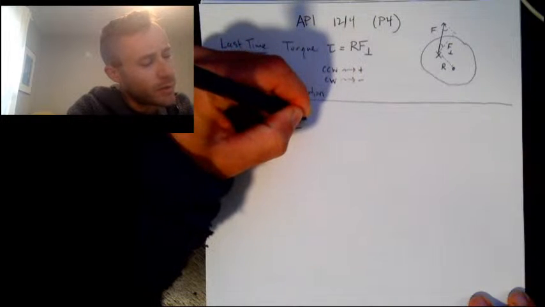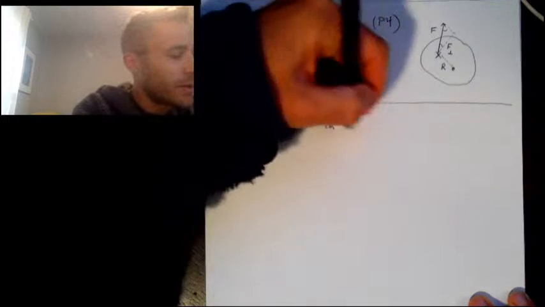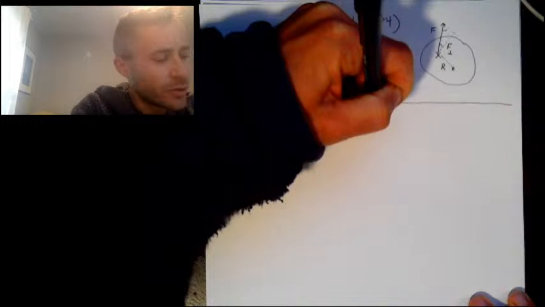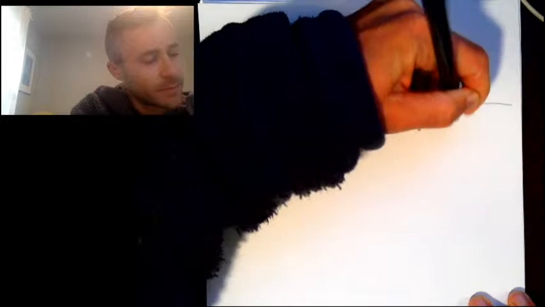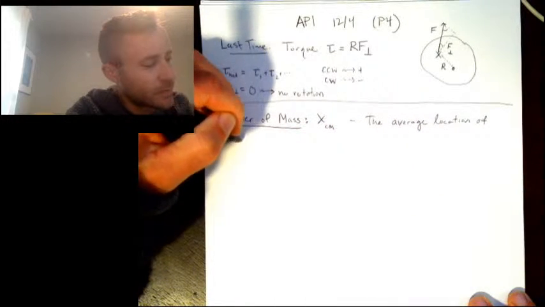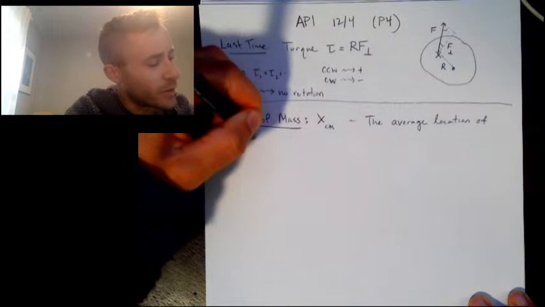So center of mass is typically denoted by XCM for center of mass. And you could think about it as the average location of the mass within an object.